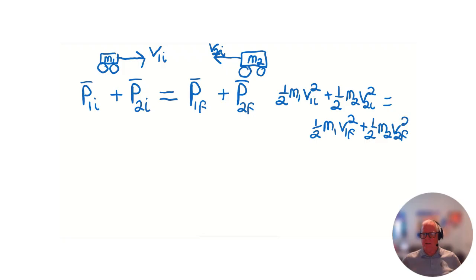So this just says that the total kinetic energy at the beginning equals the total kinetic energy at the end.